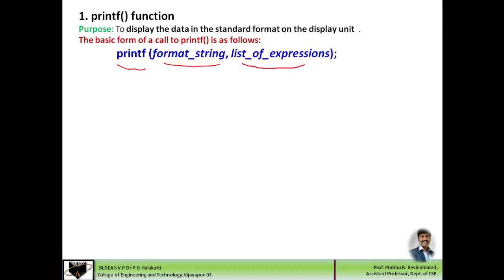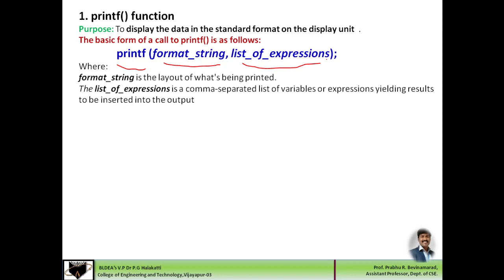After that we write a list of the expressions or variables which we want to display on the screen. The format string is a layout of what is being printed, and the expression list is nothing but a comma separated list of the variables or expressions yielding results to be inserted into the output.